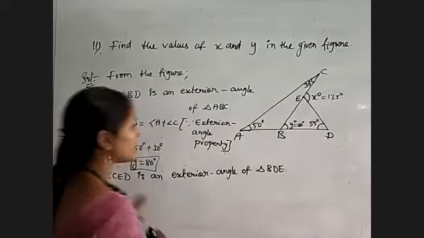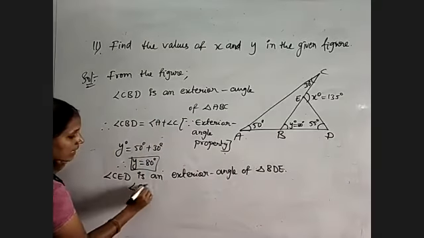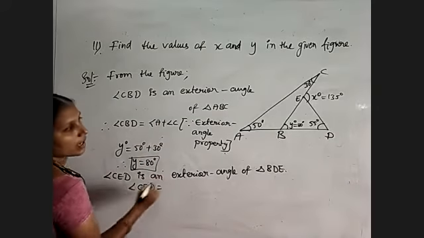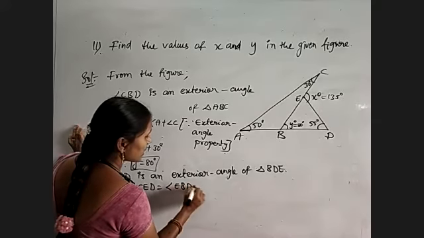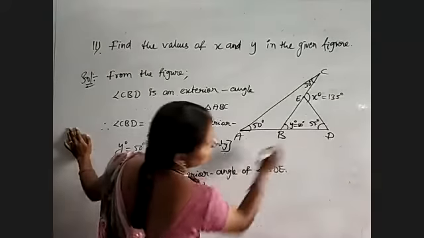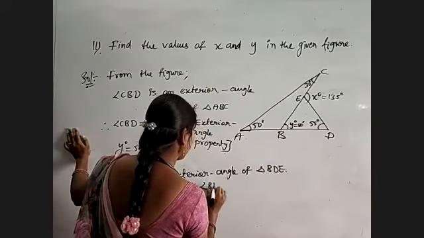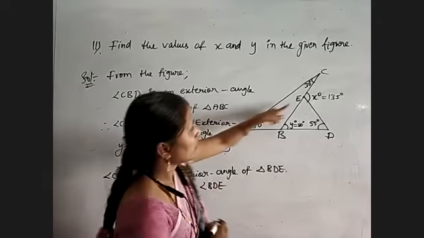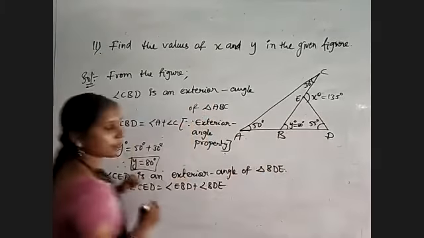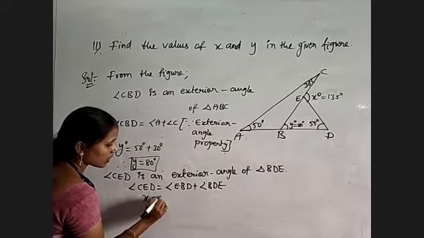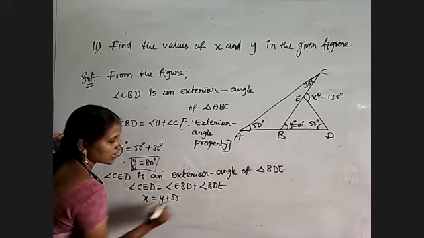So give the naming. That is, angle CED will be equal to angle EBD plus angle BDE. EBD and BDE. So that is y plus 55. That is, x is equal to y plus 55 degrees.